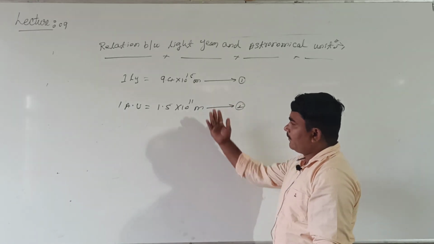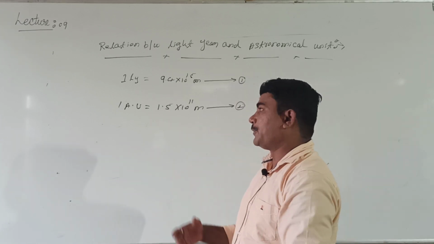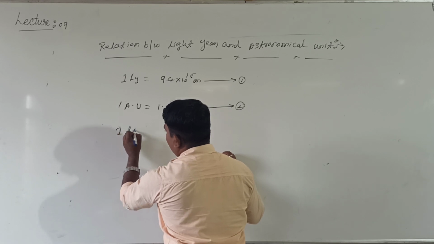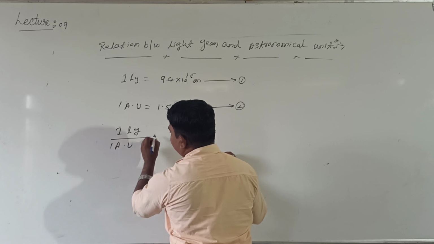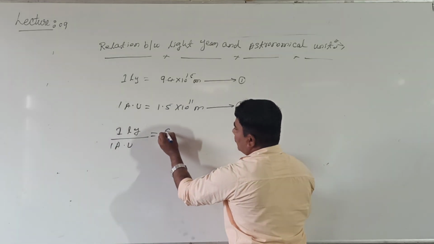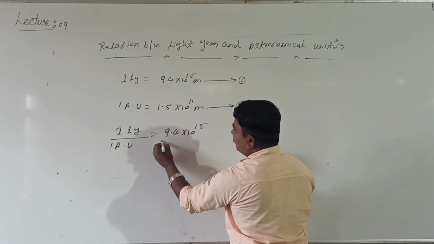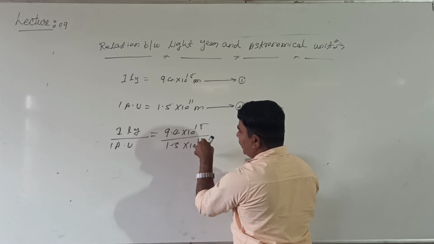Now students, simply divide equation 1 by 2. 1 light year divided by 1 astronomical unit equals 9.4 into 10 raised to 15 divided by 1.5 into 10 raised to 11.